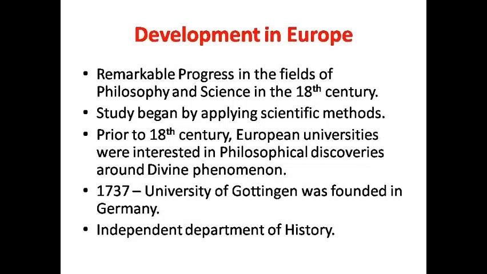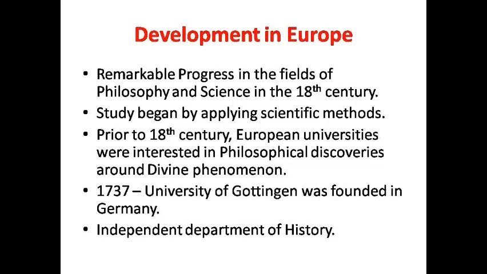Let's see how the development of history happened in Europe. There was remarkable progress in the fields of philosophy and science in the 18th century. So in the 18th century, progress slowly started in Europe. Europe was the first region where most of the educated people lived, where most of the traders, merchants and kings all started progressing a lot.